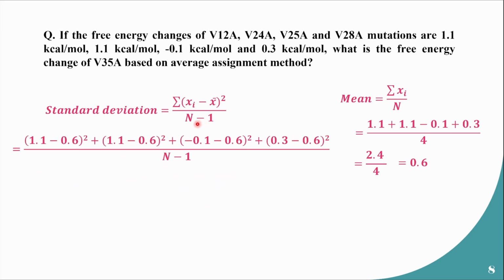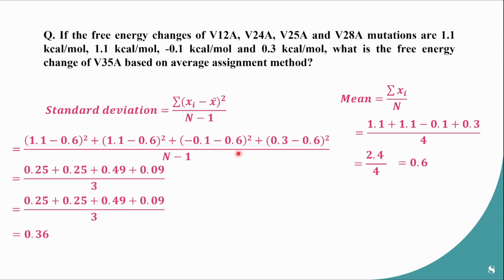So if you do this calculation for each of the data points, for example, 1.1 minus the mean value 0.6, that squared, plus 1.1 minus 0.6 squared, plus minus 0.1 minus 0.6 whole squared, and if you add all of these up and do the entire calculation, you will get something like 0.36, right? I've repeated the 2 steps here, but anyway, 0.36 should be the standard deviation basically, which should accompany the mean value. So it will be kind of like 0.6 plus minus 0.36.